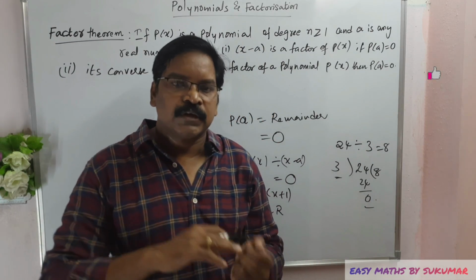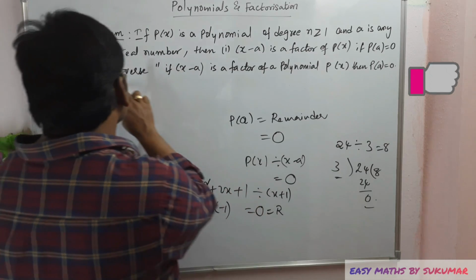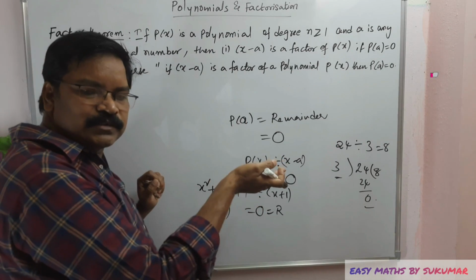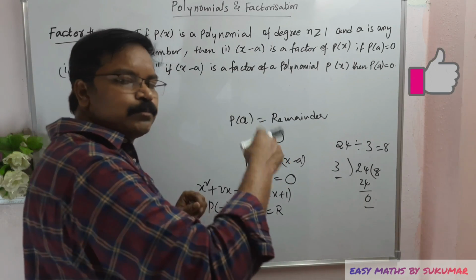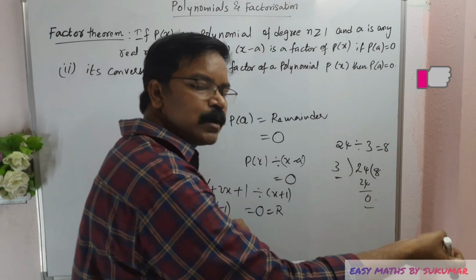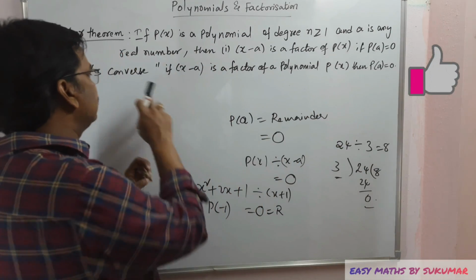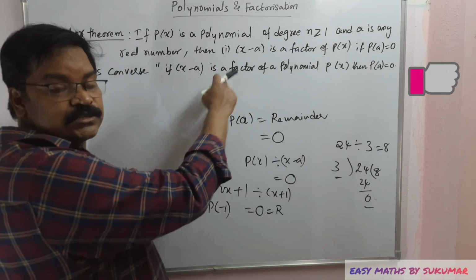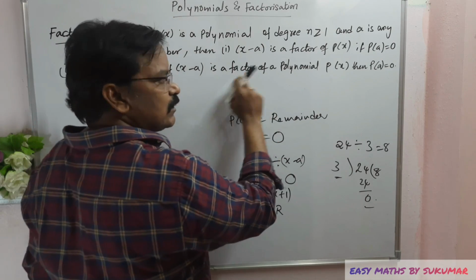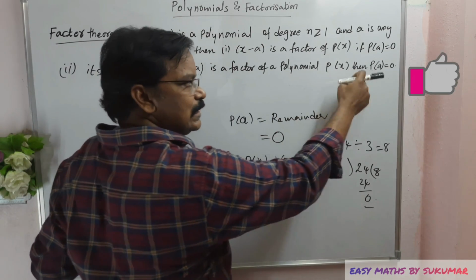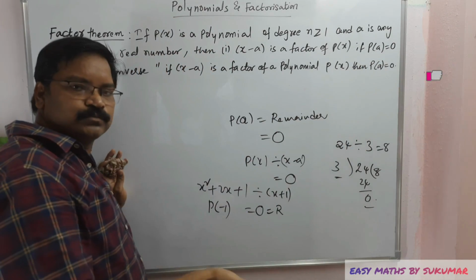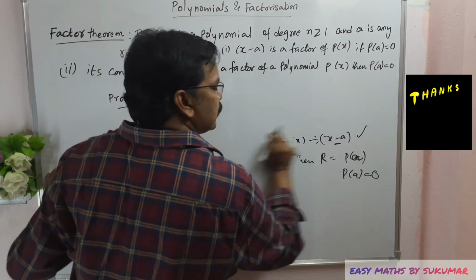Converse means what? The if part becomes the then part, and the then part becomes the if part. So here, if x minus a is a factor of polynomial p of x, then p of a is equal to 0. The converse is also true. Right.